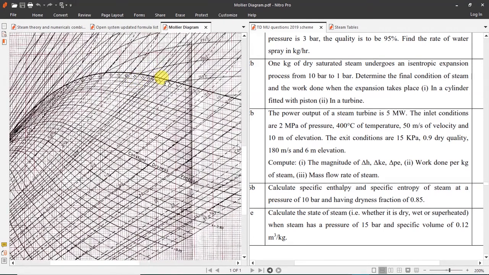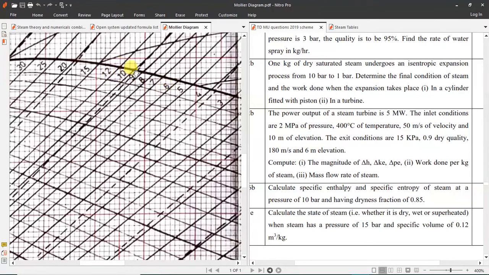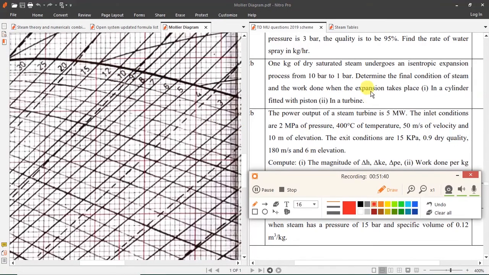Suppose this is 10 bar. In the question it is given that the process is isentropic expansion, and that the steam is dry saturated, so it will be on this saturation curve. From this 10 bar pressure, if you follow isentropic expansion, the process is always a vertical line on the Mollier diagram.